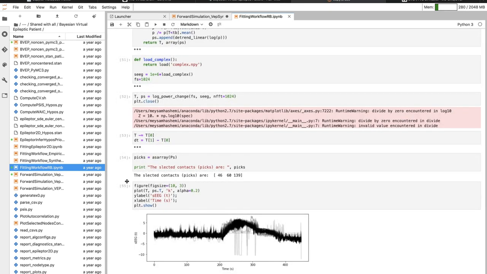And what they use as the fitting target is the log of the power spectrum of the contacts. So here we don't have the SEEG, but it is the log power of the SEEG. And it is this curve we are trying to fit with the simulations.